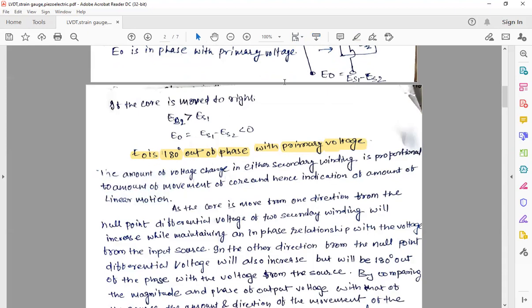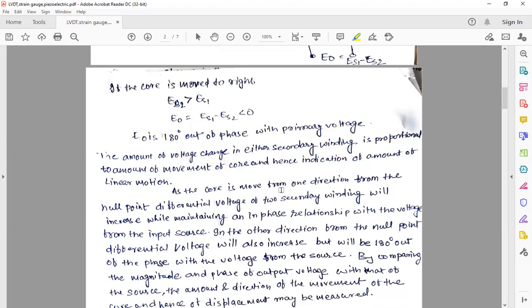Any doubt? The amount of voltage change in either direction of the secondary winding is proportional to the amount of movement of the core, hence an indication of the amount of linear motion. As the core is moved in one direction from the null point, the differential voltage of the two secondary windings will increase while maintaining an in-phase relationship with the input source.